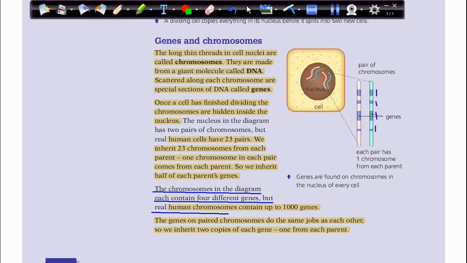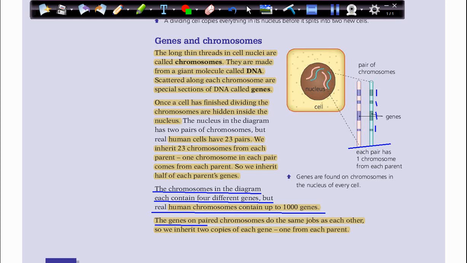Real human chromosomes contain up to 1,000 genes. So in this diagram we have 4 different genes, but in real life, in human bodies, chromosomes have up to 1,000 genes.